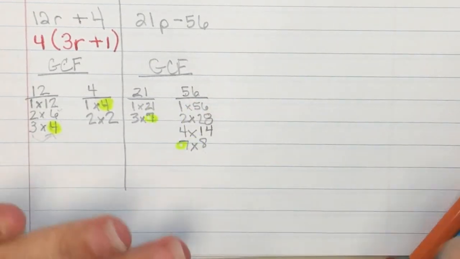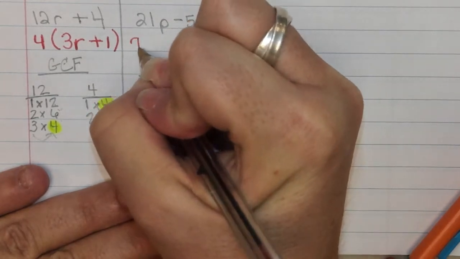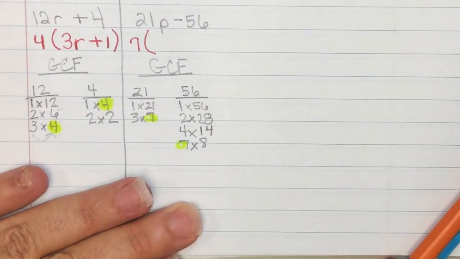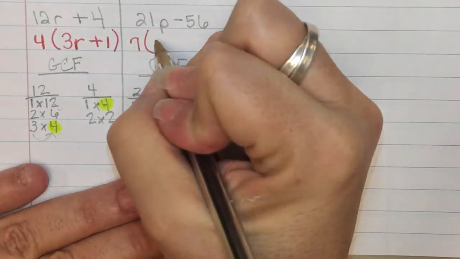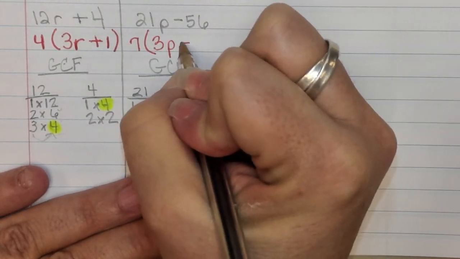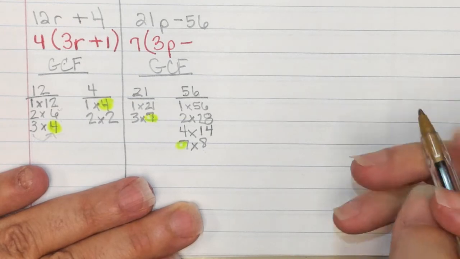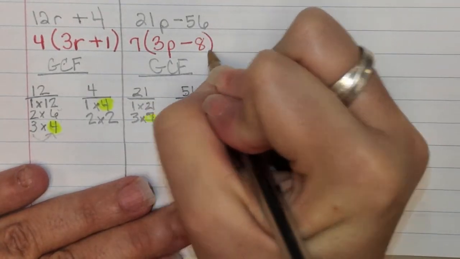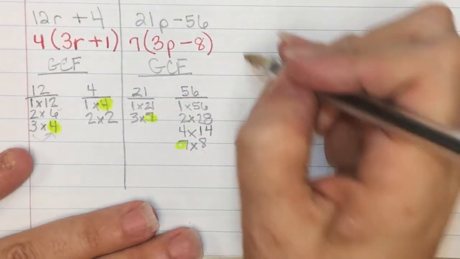Okay, so that's what you're going to use on the outside of the parentheses. 7 times what's 21? 3. Copy the P. Minus 7 times what's 56? 8. Now, you got it. Here's the weird part.